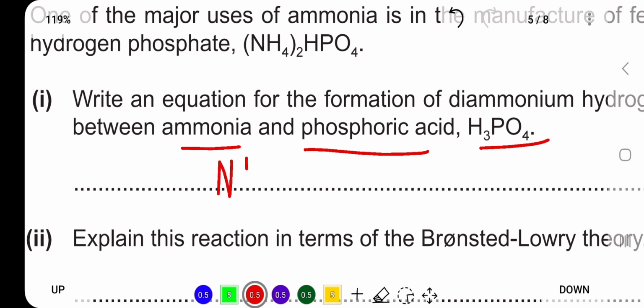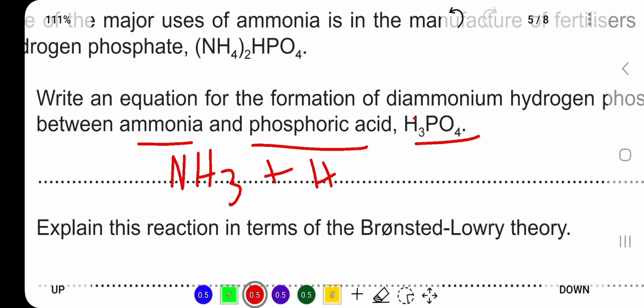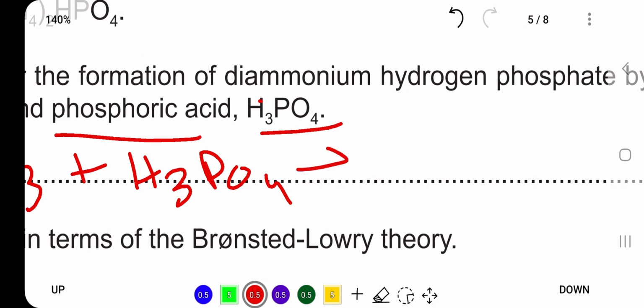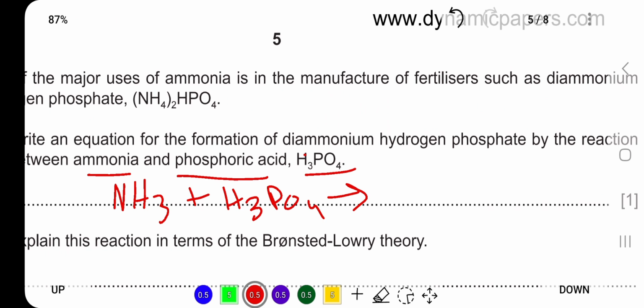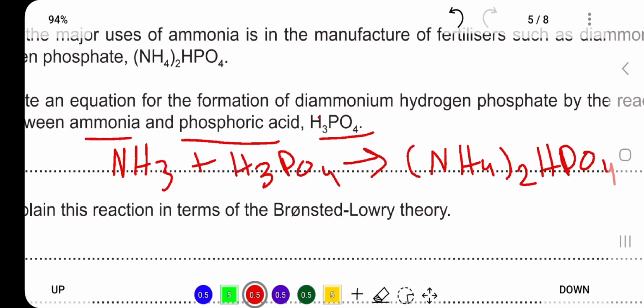Ammonia is NH3 plus phosphoric acid, which is H3PO4. They gave you the answer, which is so kind. The only thing you're going to do is try to balance it, hopefully you know how. Crossing fingers at this point.